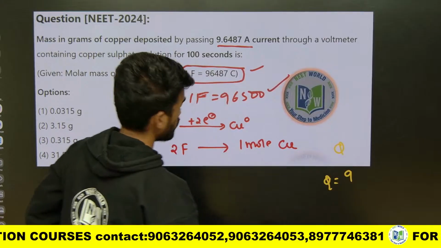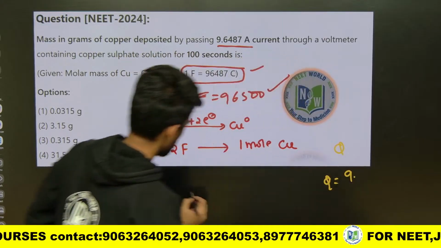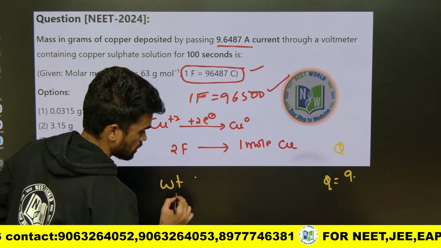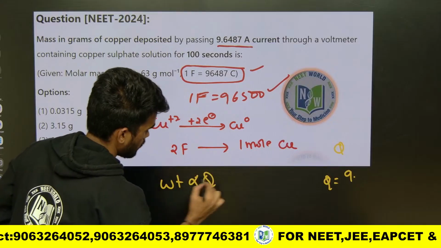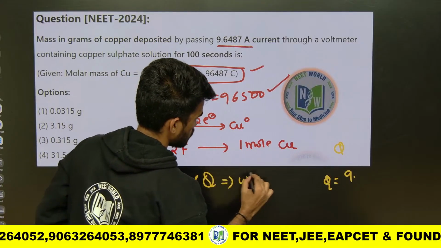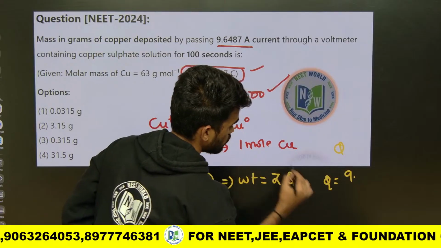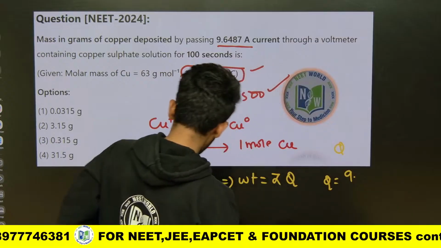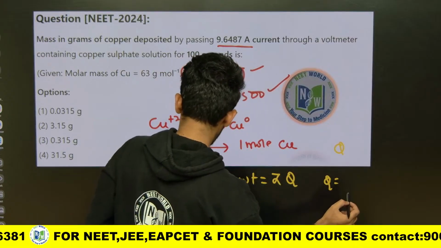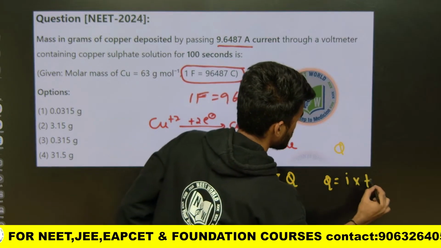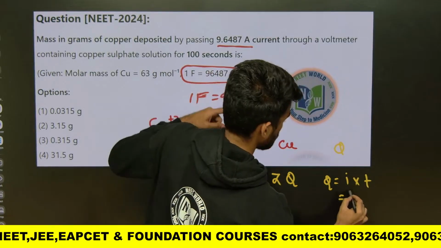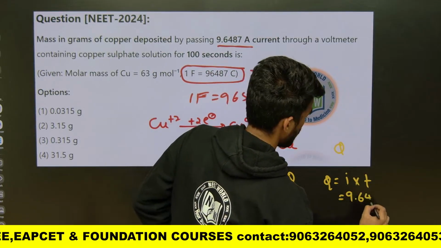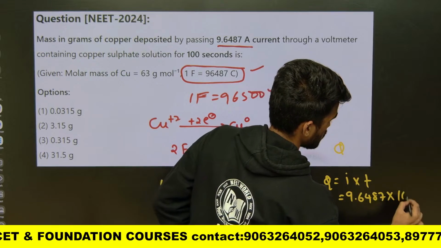Weight is directly proportional to Q, W equals ZQ. So Q I am taking here as I into T. What is the I mentioned here? 9.6487 into 100.